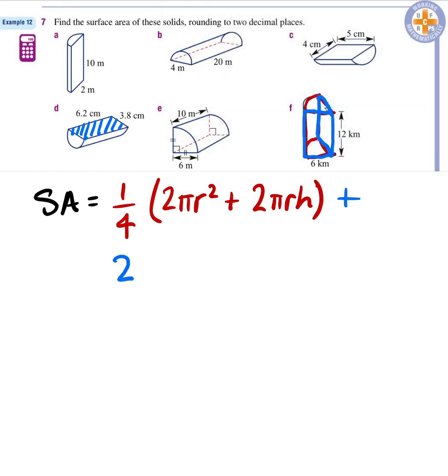So it's going to be 2 times the area of the rectangle, which is just going to be, well, it's length times breadth. But in this case, the length is the radius and the breadth or the height is the height of the cylinder. So we can say it's like r times h. Doesn't really matter what you call it. We know that it's 6 times 12 for the rectangles.